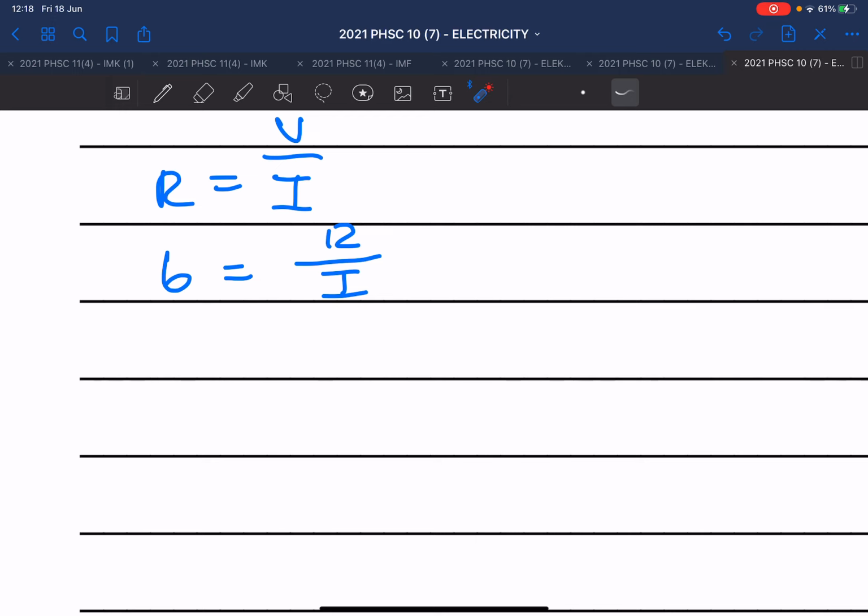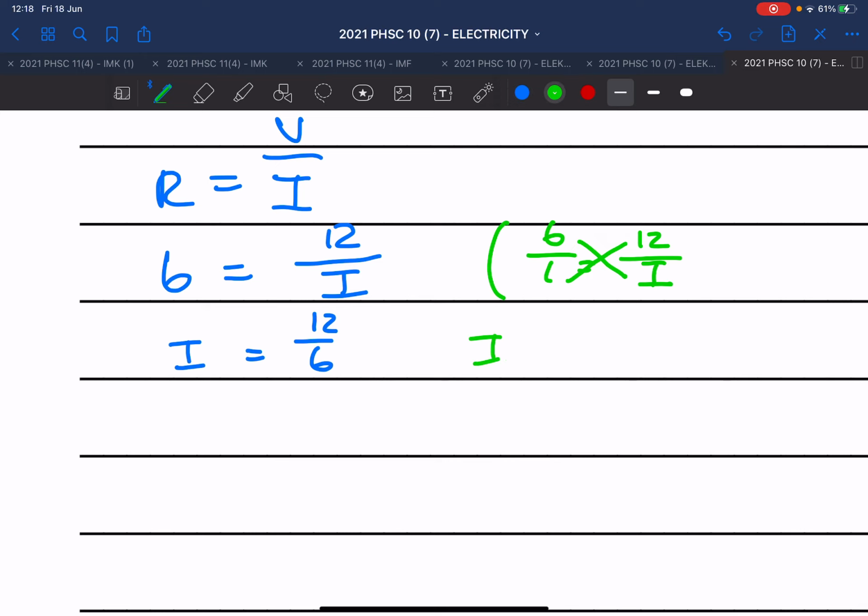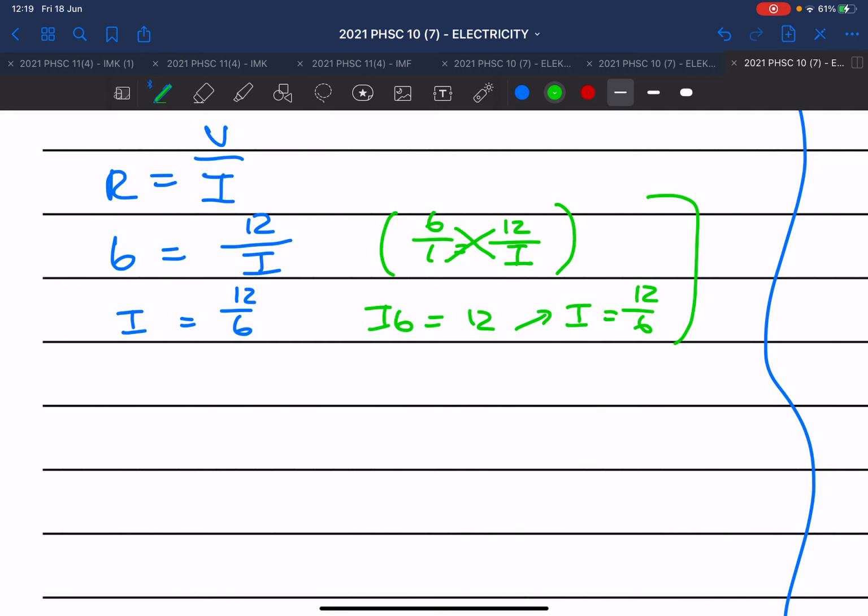Or there's another way: this is the same as saying 6 over 1 is equal to 12 over I, so you can just cross multiply. So you can say I is 12 over 6. Or another way is I times 6 equals 12, and then from there I is 12 over 6. So there are a lot of ways in which you can do this.